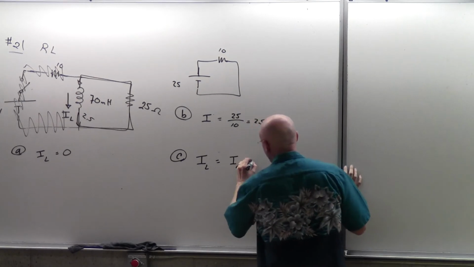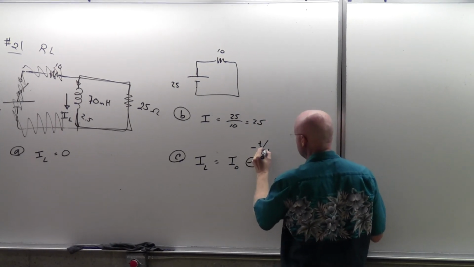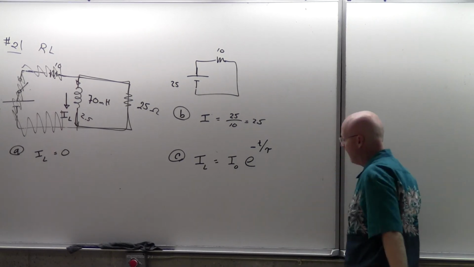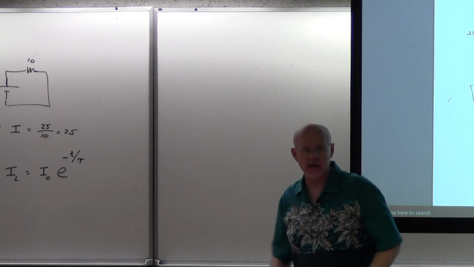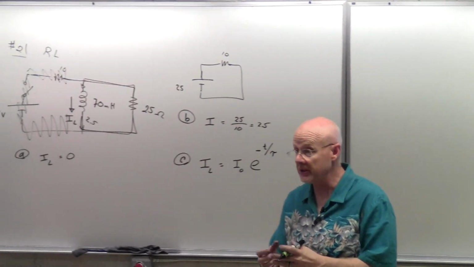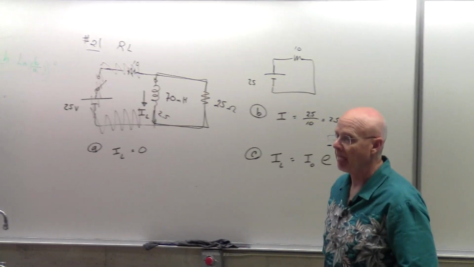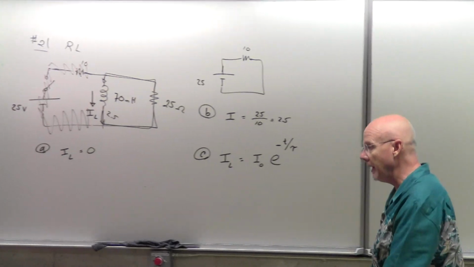And so we said the currents would decay away as opposed to building up. So on the last test, practice test, an hour or two ago, we saw the current building up. Now we're seeing the current decay away.